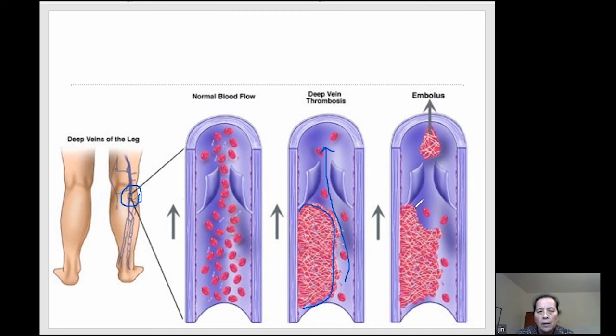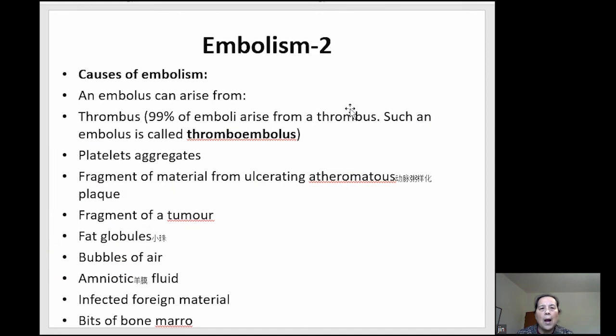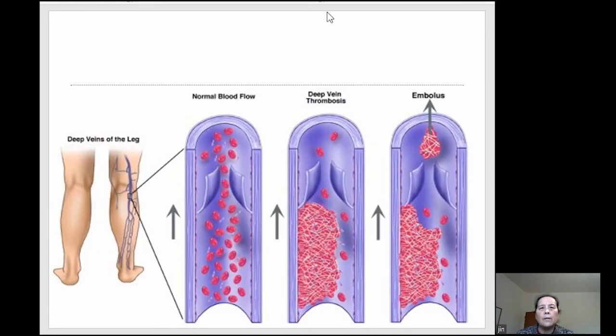And then part of them falls down, like here. It falls down and goes into the blood circulation. This part we call embolism. They go into the blood circulation and travel to other parts of the body. They will finally stop somewhere.